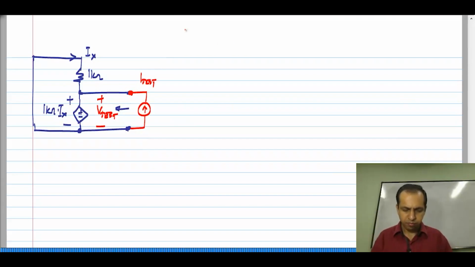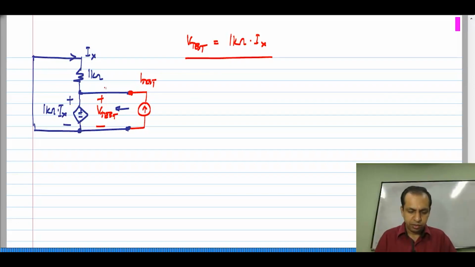Okay. Now, I know that this V test equals 1 kilo ohm times Ix. I do not yet know what Ix is. Okay. Now, I also know that this V test is also the voltage between these 2 points, and that voltage drop, considering the direction of Ix, is minus Ix times 1 kilo ohm. Okay.